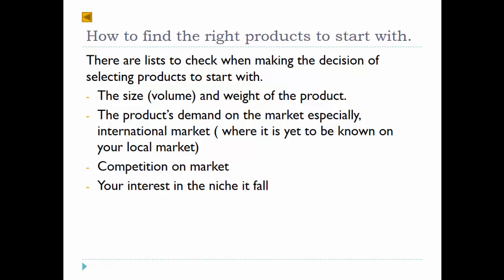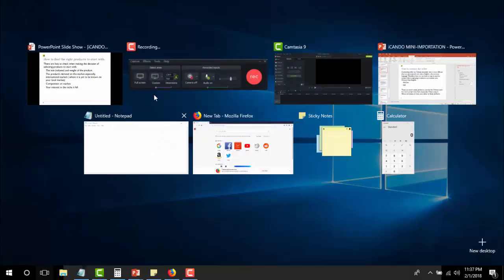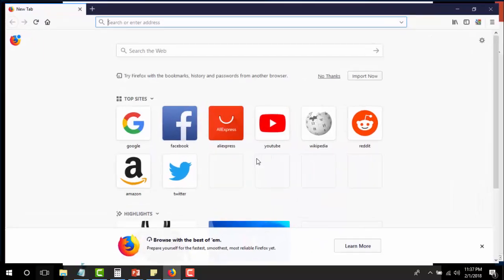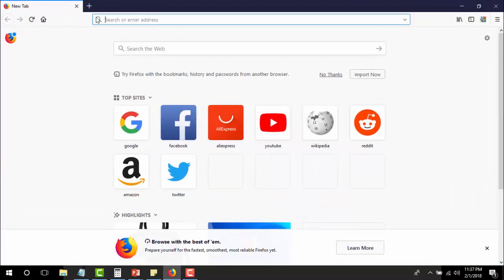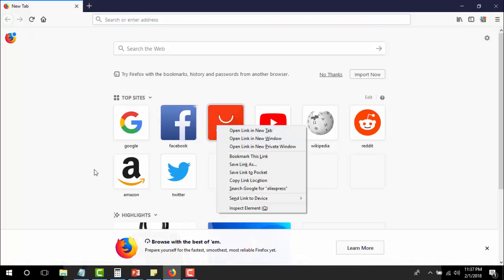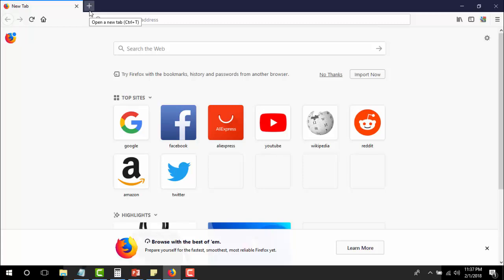So let's go straight to our browser and see some of the ways we can go about finding this product to start with. Considering the weight and everything, it is very important to see what is selling and how you make it. You can get this product from other e-commerce sites.